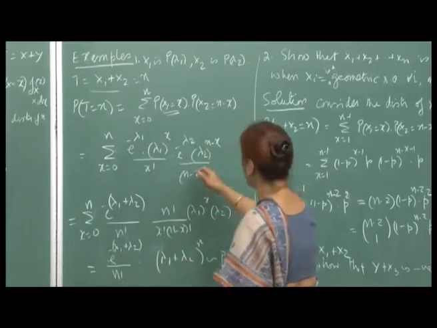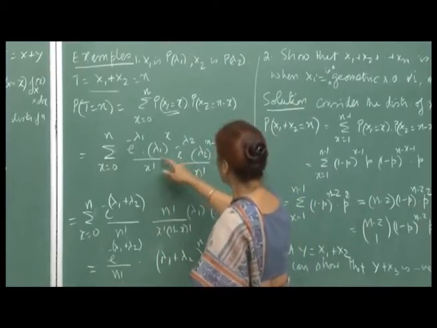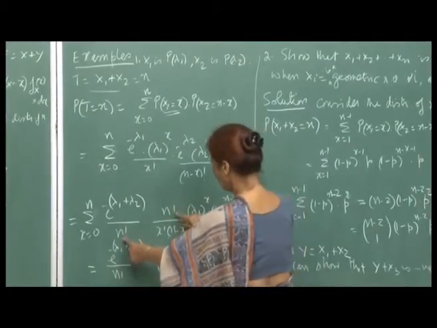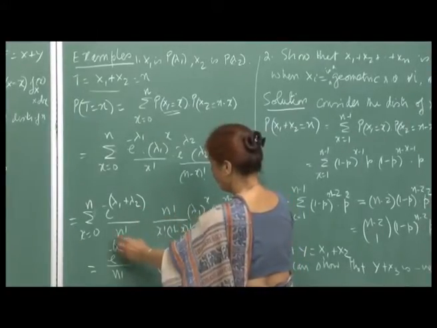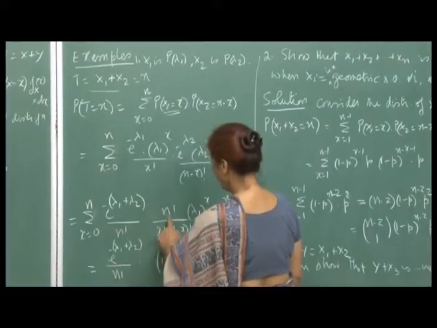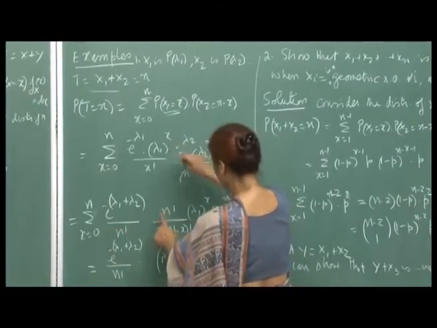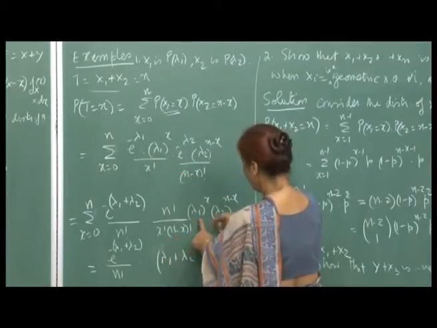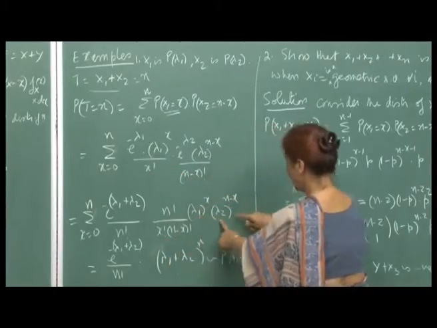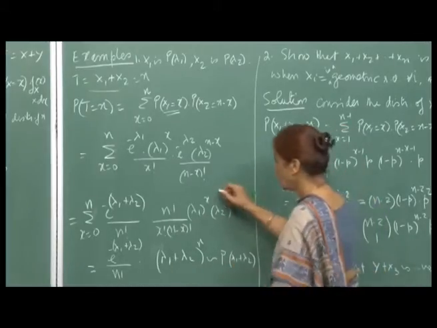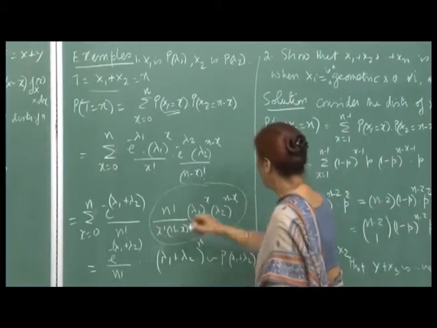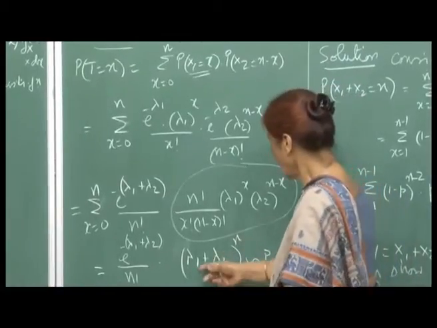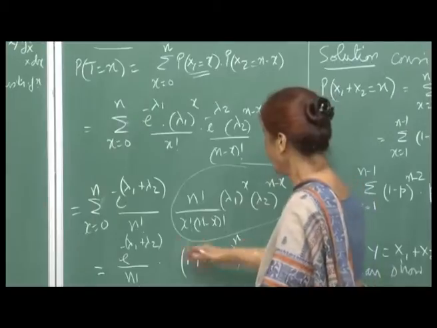Now, just rearrange the terms: e raised to minus of lambda 1 plus lambda 2. I have divided and multiplied by n factorial, so here it will be n factorial divided by x factorial and n minus x factorial, and then you have lambda 1 raised to x and lambda 2 raised to n minus x. You can see that this is the binomial expansion of lambda 1 plus lambda 2 raised to n, because you are summing.